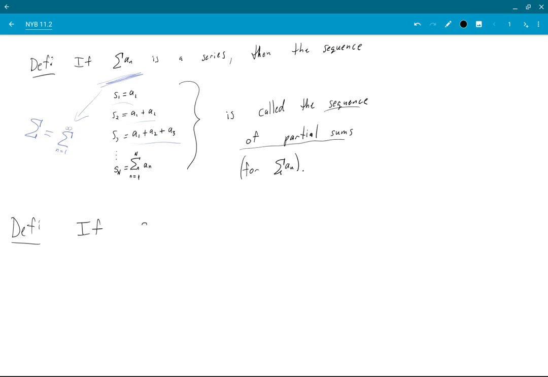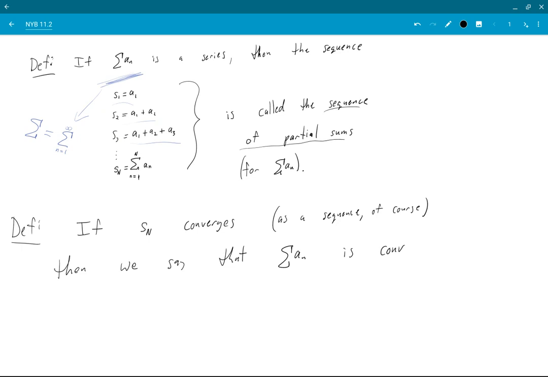We're going to use the sequence of partial sums. So if Sn converges, as a sequence, then we say that summation an is convergent.